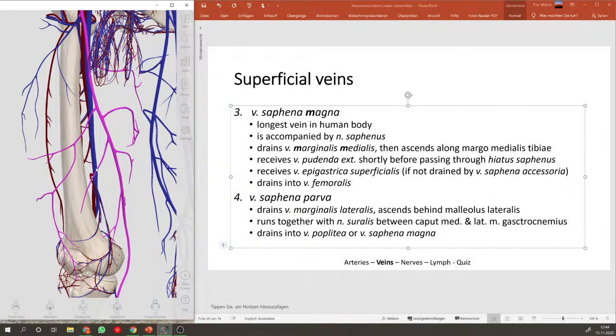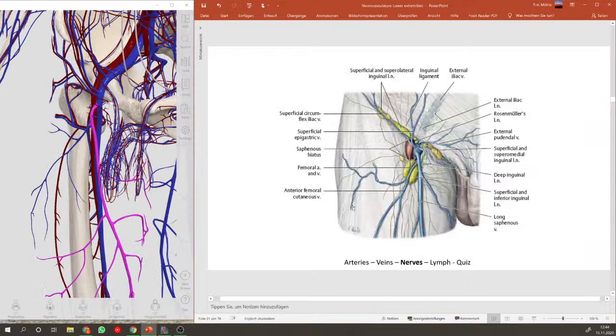Now, vena saphena magna will drain into vena femoralis, directly into the femoral vein through a specific site called hiatus saphenus. So hiatus saphenus is an opening in the fascia lata, and now I can show you the picture. This is an anterior view of the right leg. Here you have the fascia, all of the white thing. The superficial layer was dissected, and we will see this.